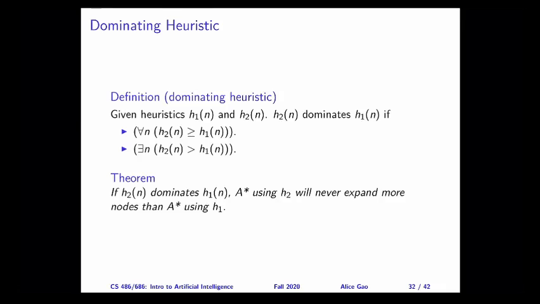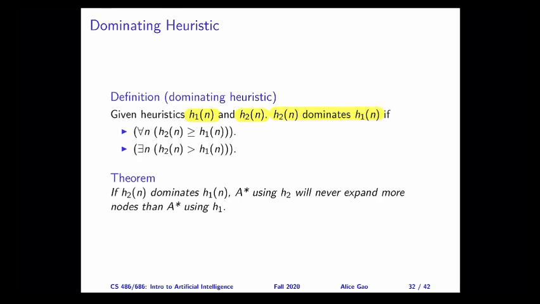On the previous slide, I discussed a few intuitive rules we can use to compare heuristic functions. Next, let's look at comparing two heuristic functions formally using the concept of dominating heuristic. Given two heuristic functions, h1 and h2, we can say that h2 dominates h1 if two conditions are satisfied.